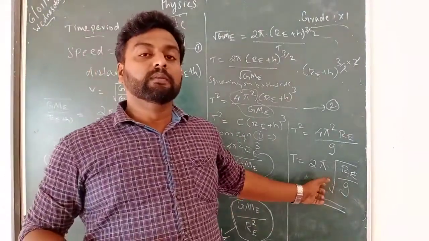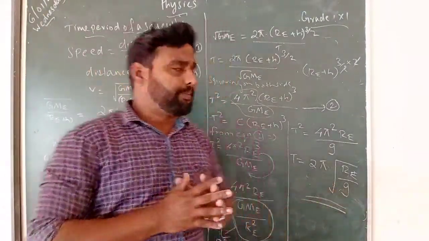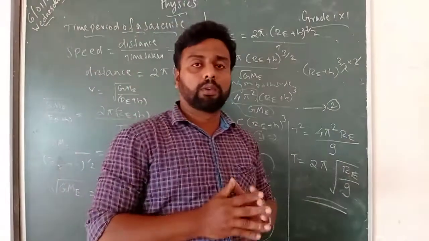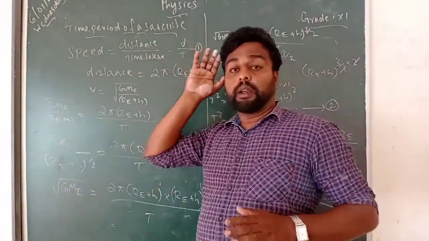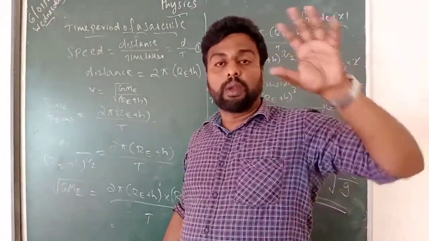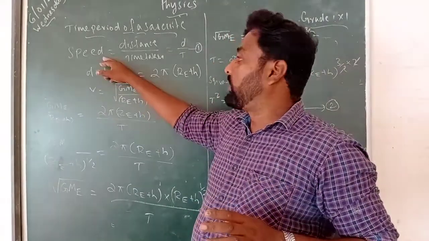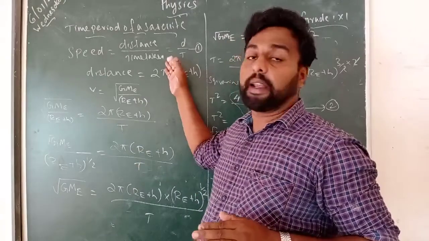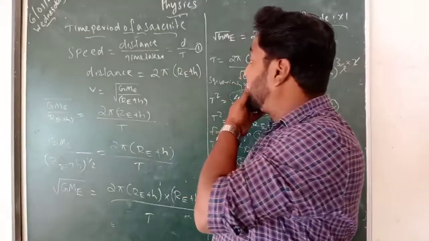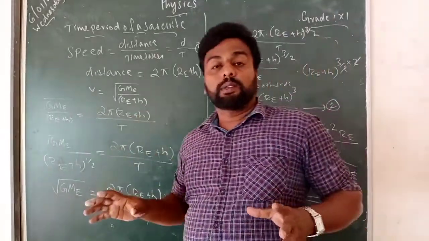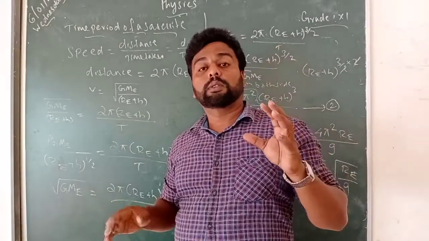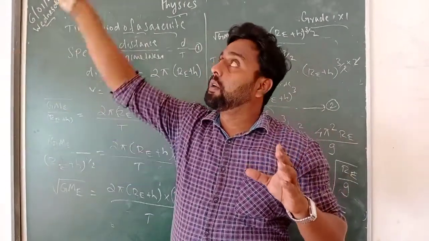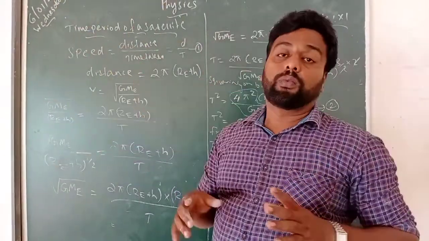So listen here. We are finding the time period for the satellite to complete one rotation. For that we use the equation speed is equal to distance by time taken. This is the general equation, and here we are using time period because the satellite covers one full rotation.